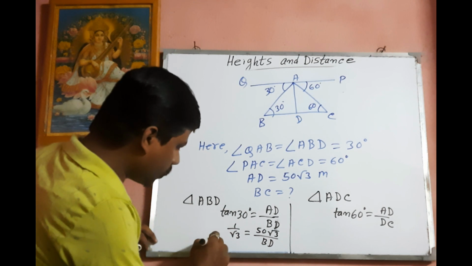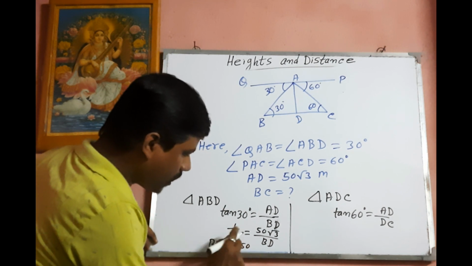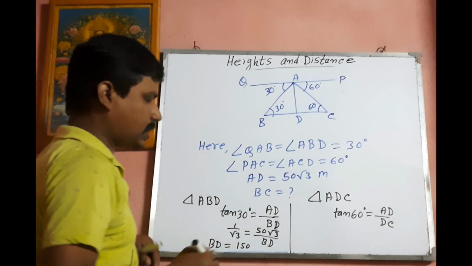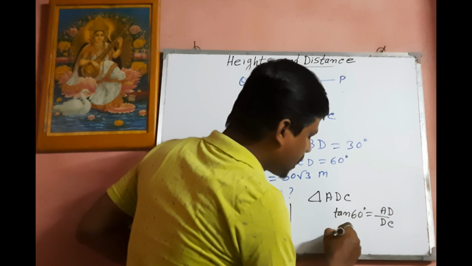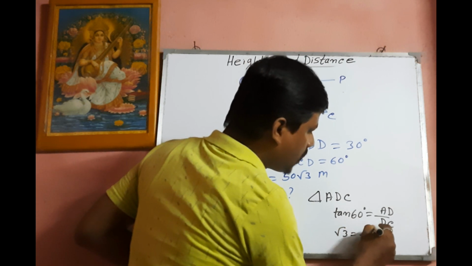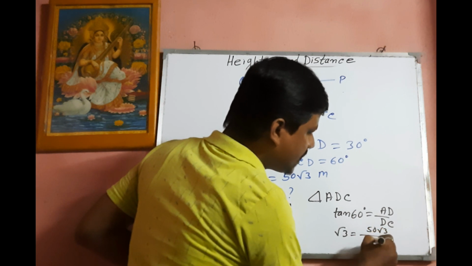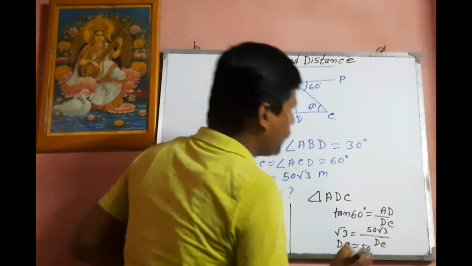So BD is equal to 150 after calculating this part, and here we know that the value of tan 60 is equal to √3 and AD is equal to 50√3, then DC is equal to 50.